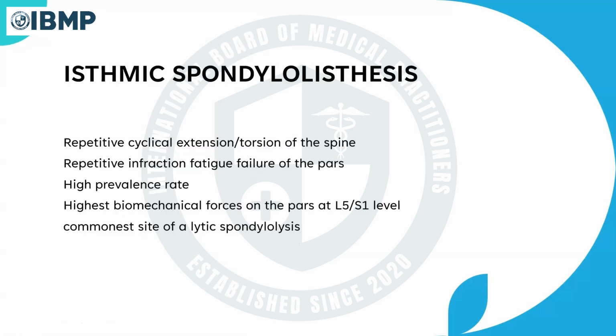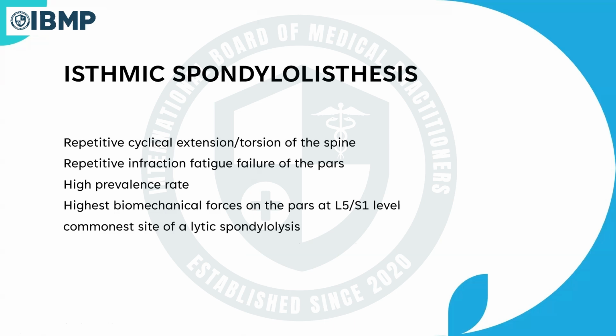Coming on to the second one, it is the isthmic spondylolisthesis. There's a repetitive cyclical extension torsion of the spine, a repetitive fatigue failure of the pars. So basically, this is due to repetitive stress on that area, on the isthmus. And this type has a high prevalence rate.